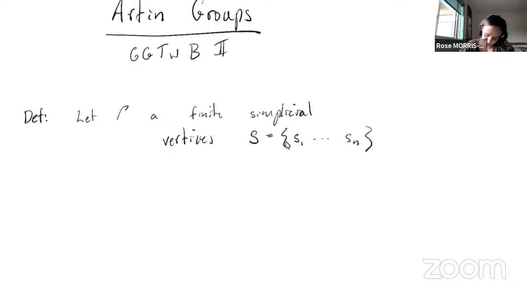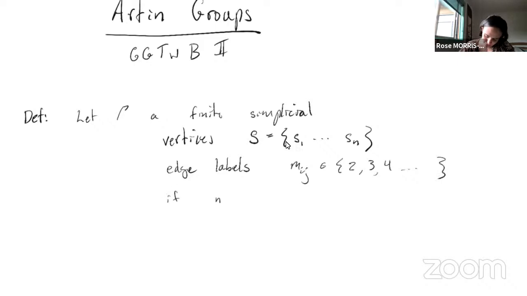And then I'm also going to label the edges. The edges are labeled with integers, which we call Mij. So Mij is the label between Si and Sj. And these are integers greater than or equal to 2. So I have 2, 3, 4. They can be as big as we want.